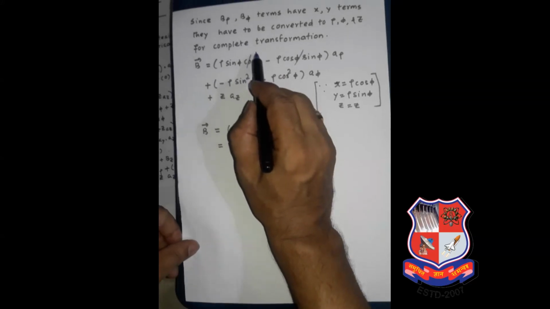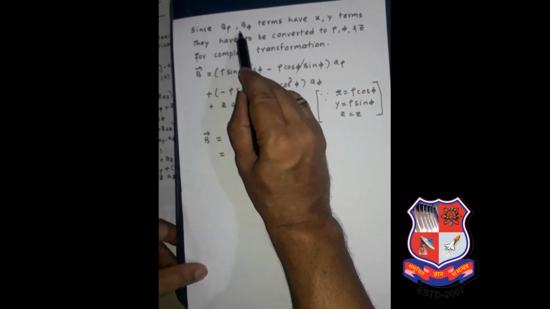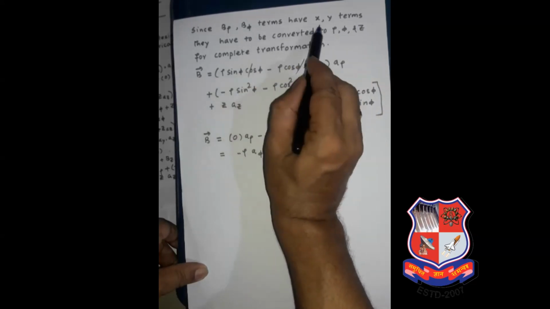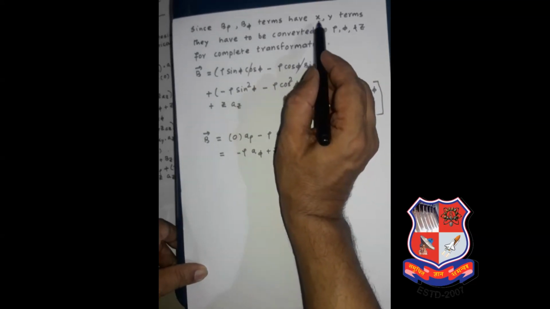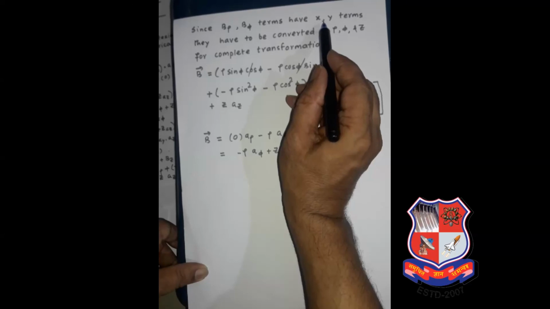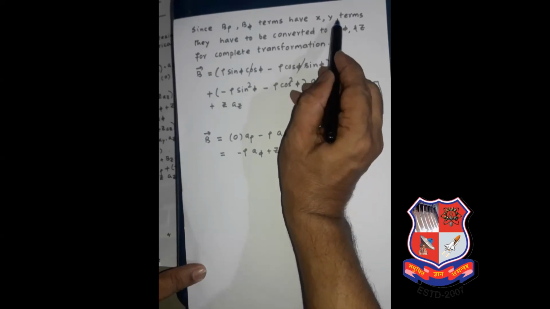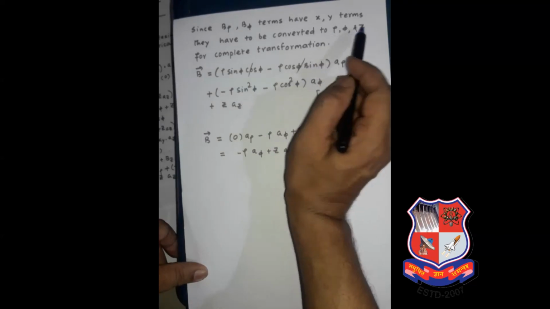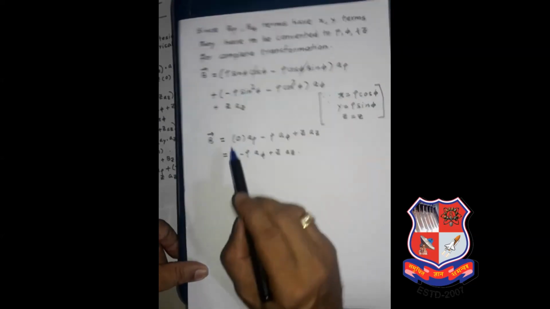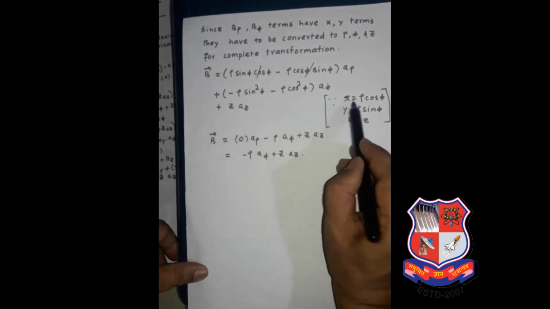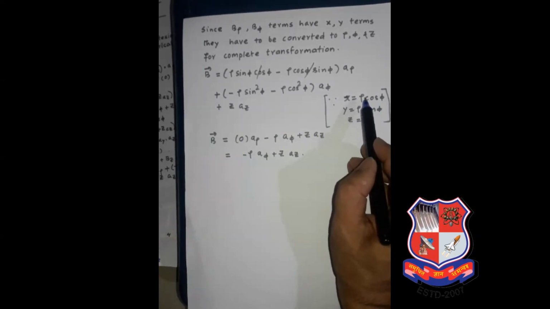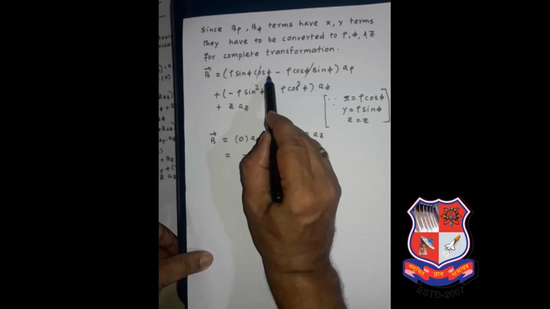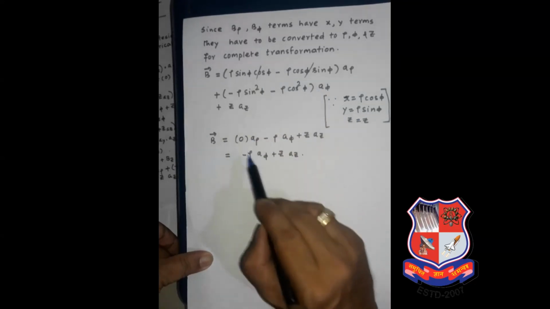Since the b rho and b phi terms have x, y, z terms, the z term is also available in the cylindrical coordinate system. Only the x and y terms have to be converted to rho, phi and z for complete transformation. We know that x is equal to rho cos phi, and for y it is rho sin phi.